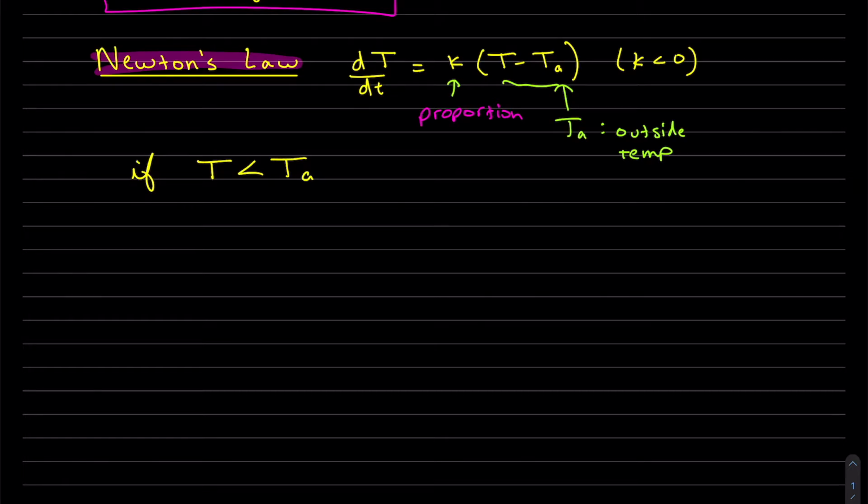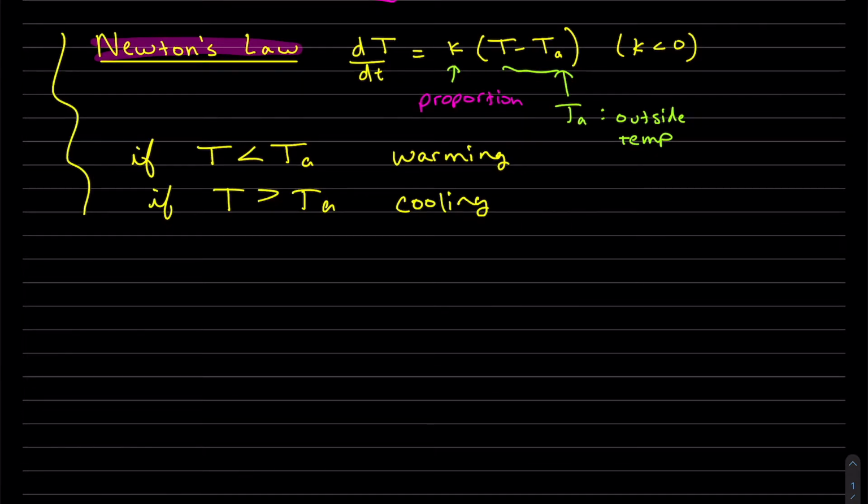If the temperature is less than the outside temperature, then warming is going to happen. Later on, we'll have a fun example on temperature. You can use this formula to find how long a body's been dead, for example.